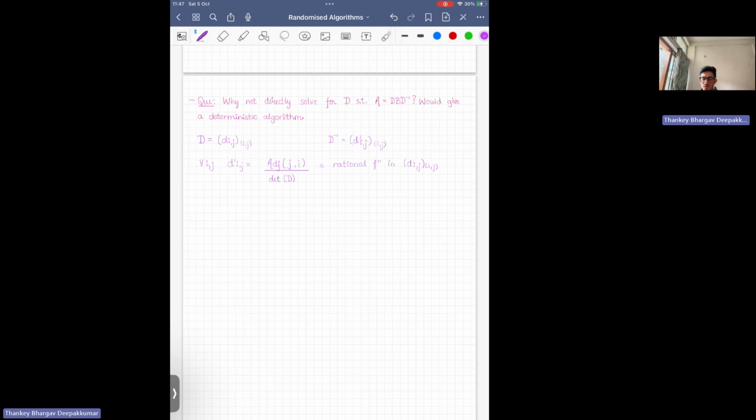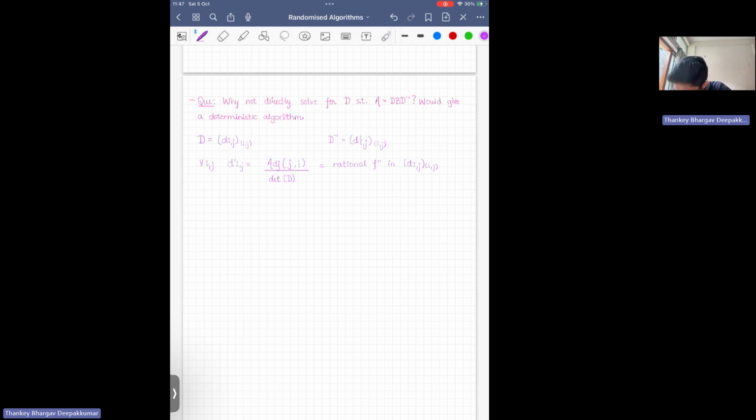In fact, we do not even know how to solve a system of polynomial equations when the degree of the polynomials is more than one. A system of linear equations is a system of polynomial equations where the degree of every polynomial is one. But even if the degree of polynomials was two, we still do not know how to solve the system of equations efficiently. In fact, that problem is known to be NP hard. That problem is called the quadratic equations or quadratic problem, and that's NP hard.